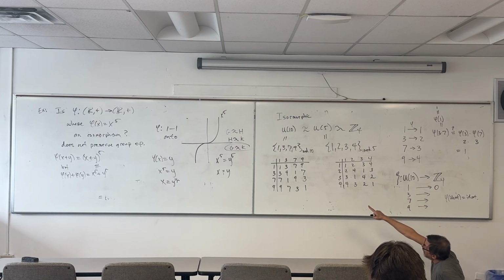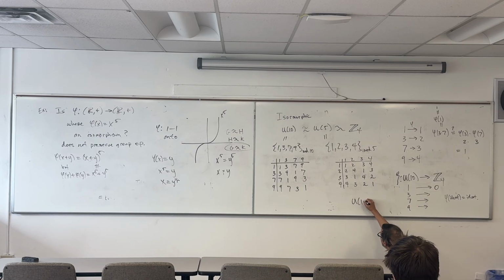U10 is actually a cyclic group generated by any one of those elements in there. Check it out: 3 to the 0 is 1, 3 to the 1 is 3, 3 squared would be 9, and 3 cubed is 27, mod 10, 7. So you actually get everything in there. If you send 3 to a generator of the group over here, like say 1, I don't want to send it to 2, because 2 doesn't generate that group over there.